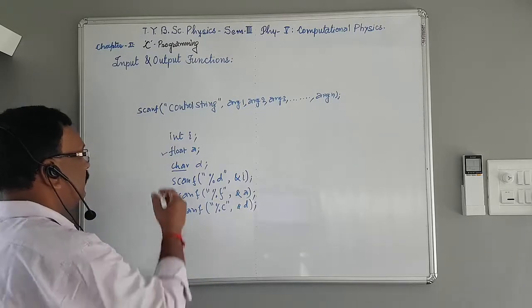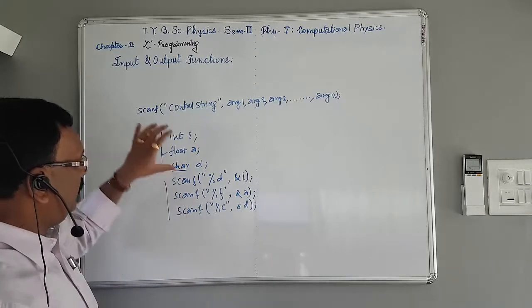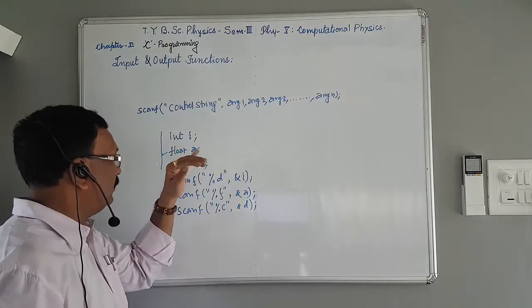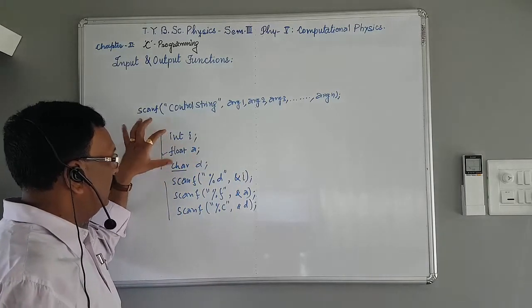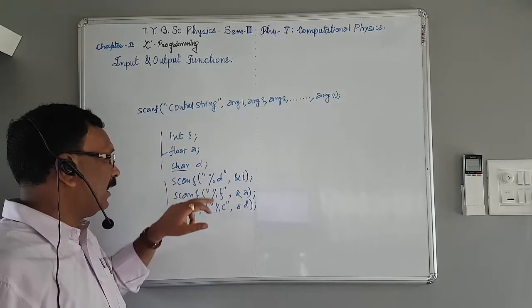What is the difference between the first three and the last three statements? The first three are the variable declarations. What type of variable we provide, that tells the compiler through these three statements. Here data is integer type, here data is float type, here data is single character type.